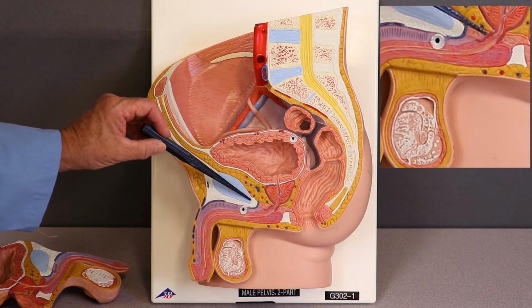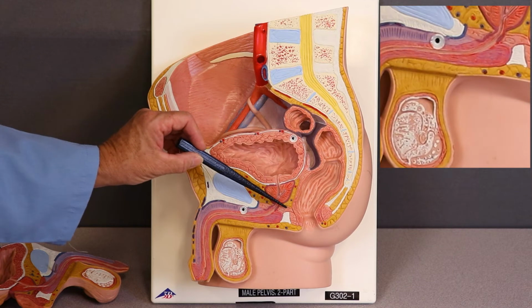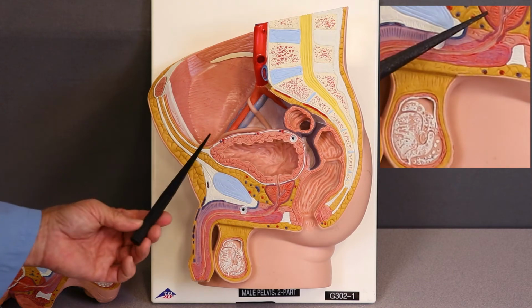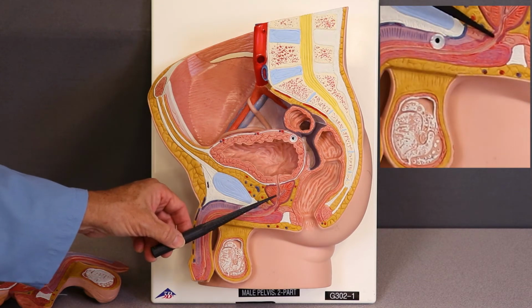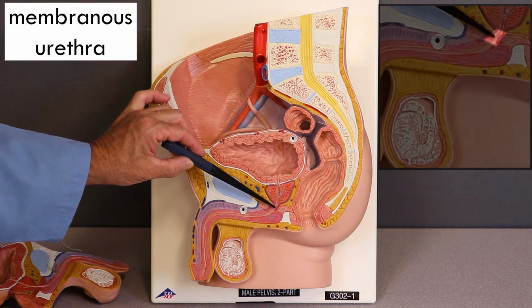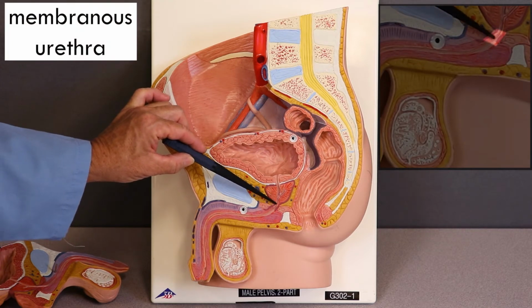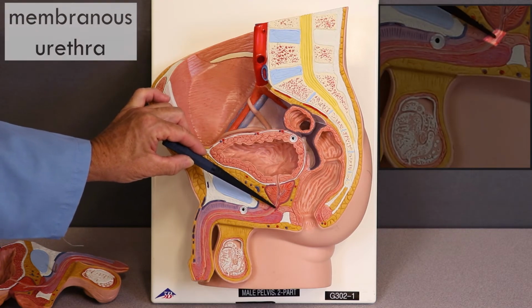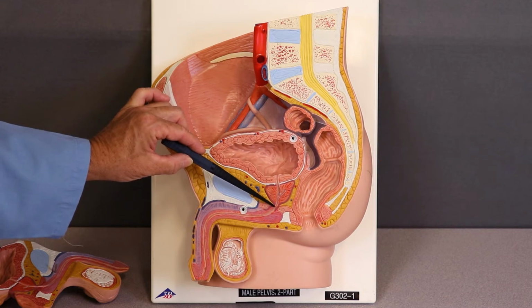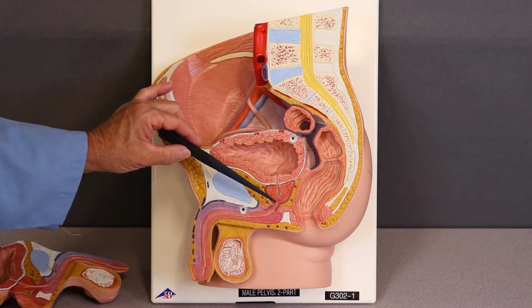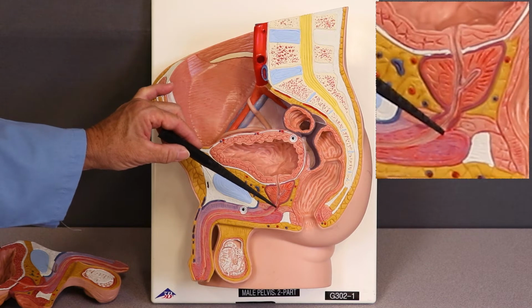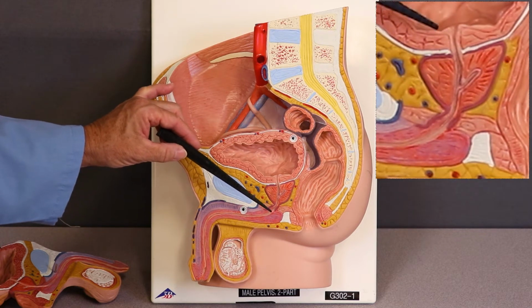Find the pubic symphysis and move down, and you're there. So this section of the urethra right here, it's a pretty small section, is called the membranous urethra. And this is also where we find the external urethral sphincter in a male.